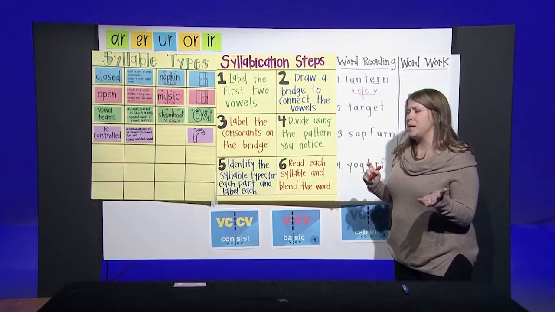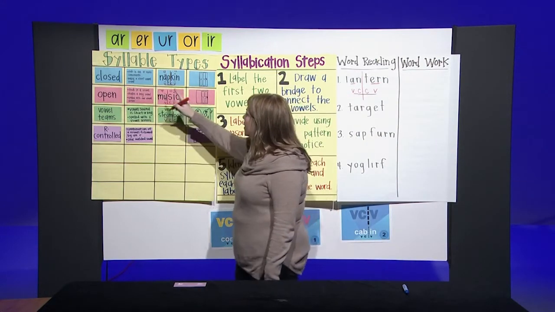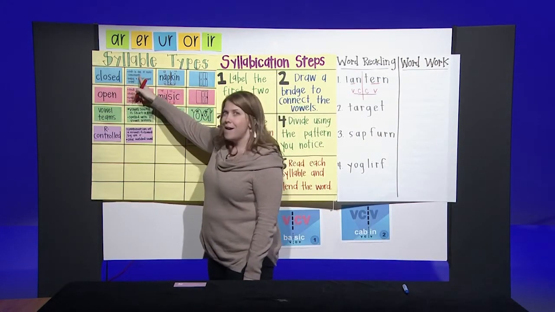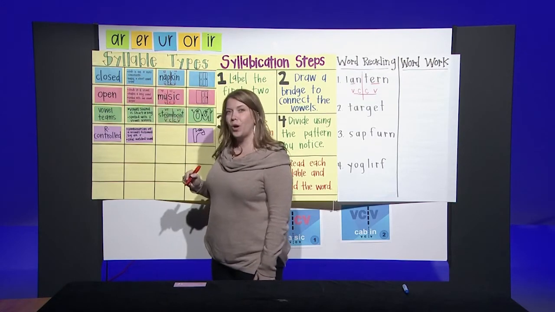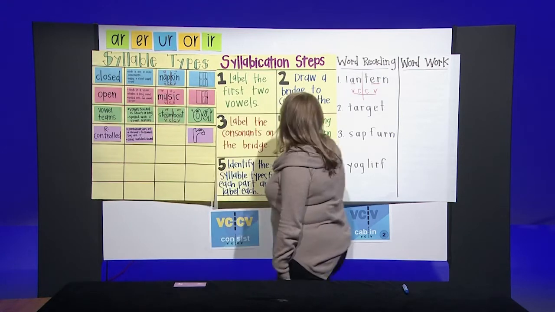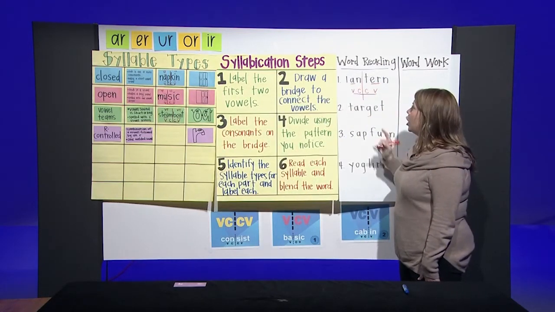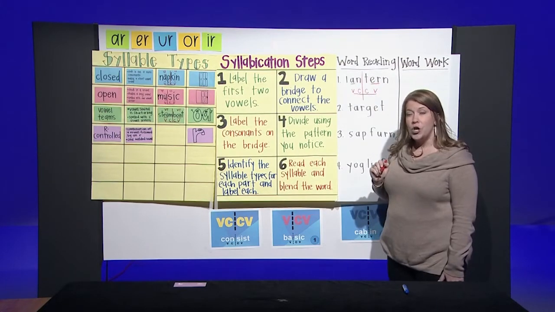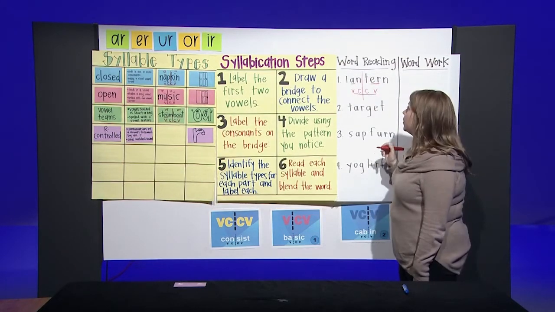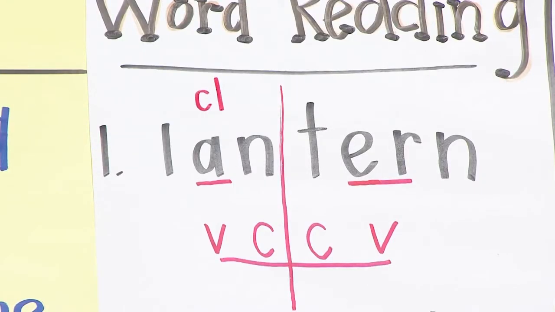I can't really remember, so let me refer back to my anchor chart. Let's start up here at the top. Closed syllables end in one or more consonants, like right here in the word napkin. So if I look at my first syllable, it's ending in my consonant, closing off that vowel. So this is going to be a closed syllable. I'm going to label it with a CL so I can remember.